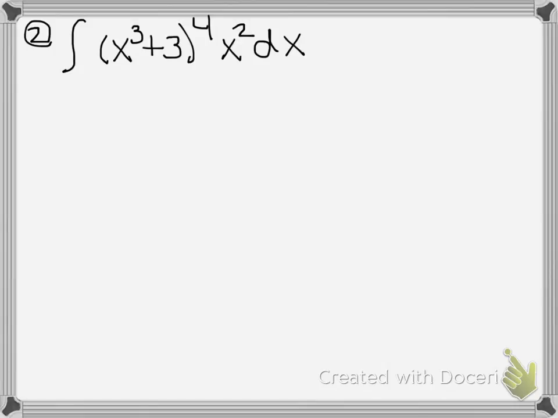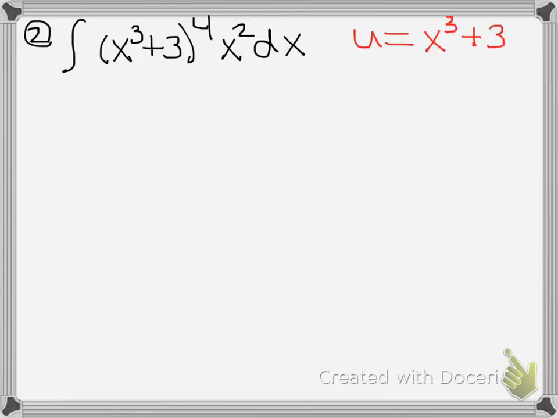Okay, again, we have to come up with what is u. So the first thing you want to figure out is what part of the integral is going to be your u. So I'm going to let u equal, you want to look for the function whose derivative is in the problem.